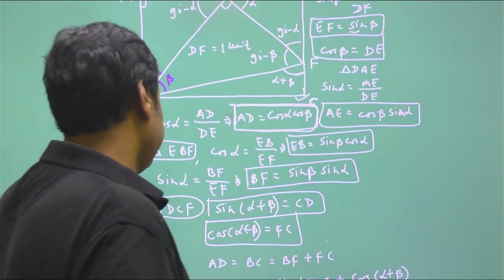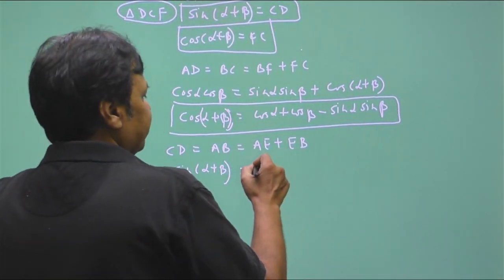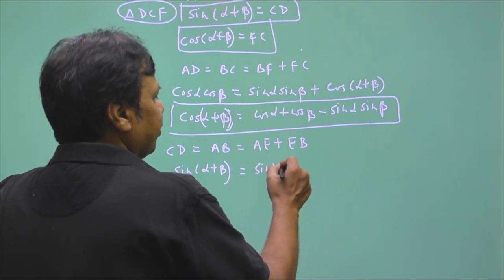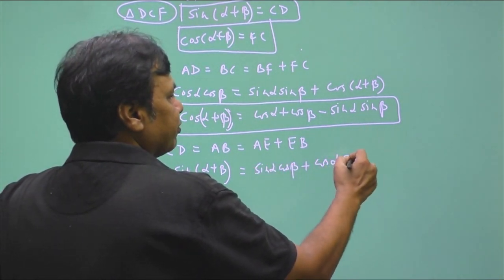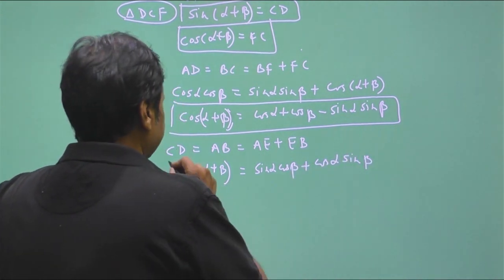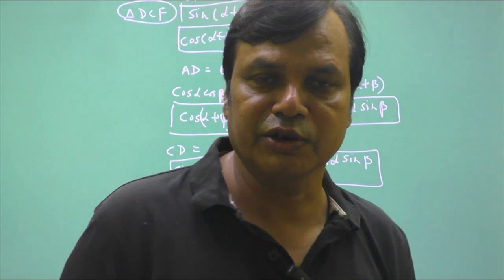So we have another piece of information now. Sin alpha plus beta is sin alpha cos beta plus cos alpha sin beta. And we got the result.